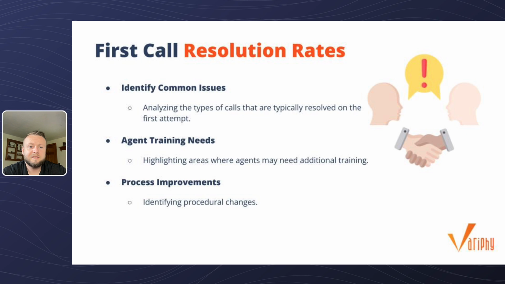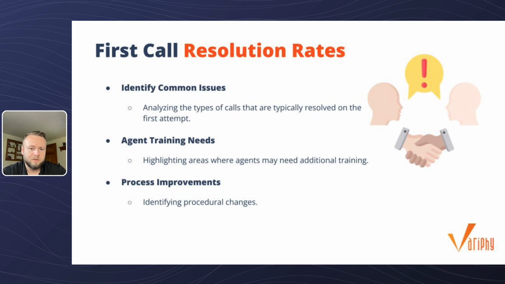So in order to lessen your volume, you want to make sure your agents are trained well enough to answer those calls and not give short answers, solving them the first time. That way, a customer doesn't call back because they didn't quite understand, taking up 2 agents' time, and you don't have a customer that's unhappy because they've had to call in twice just to get an answer. So recognizing how often your callers are having to call back repeatedly can be really important to managing your efficiency within call centers.